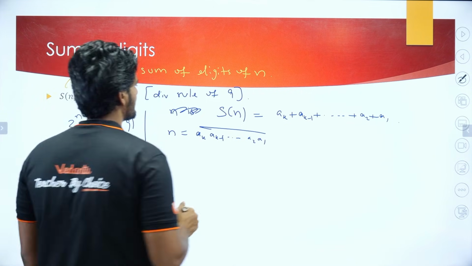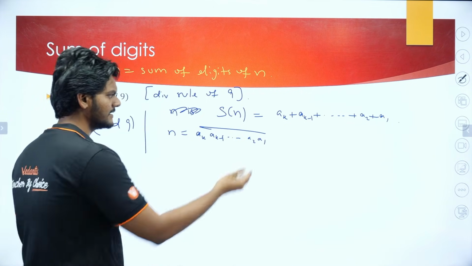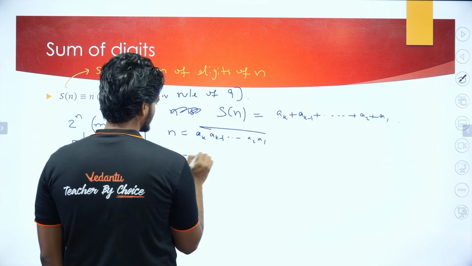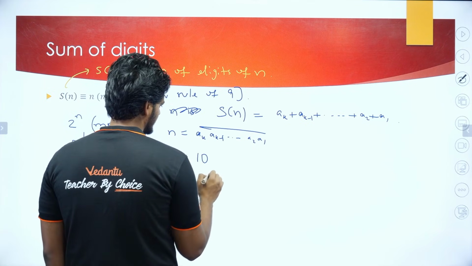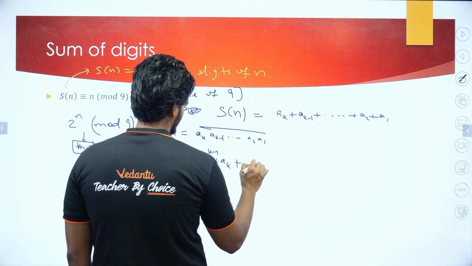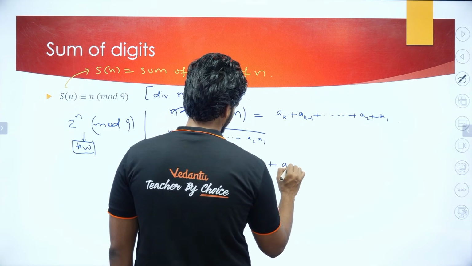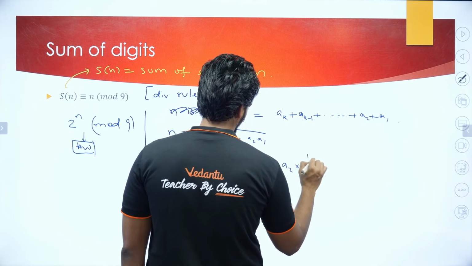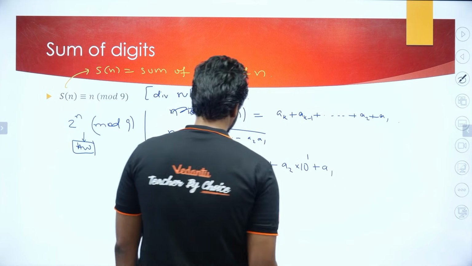Now that's obvious, and now n can be written as 10 power k minus 1 into ak plus dot dot dot till a2 into 10 power 1 plus a1.